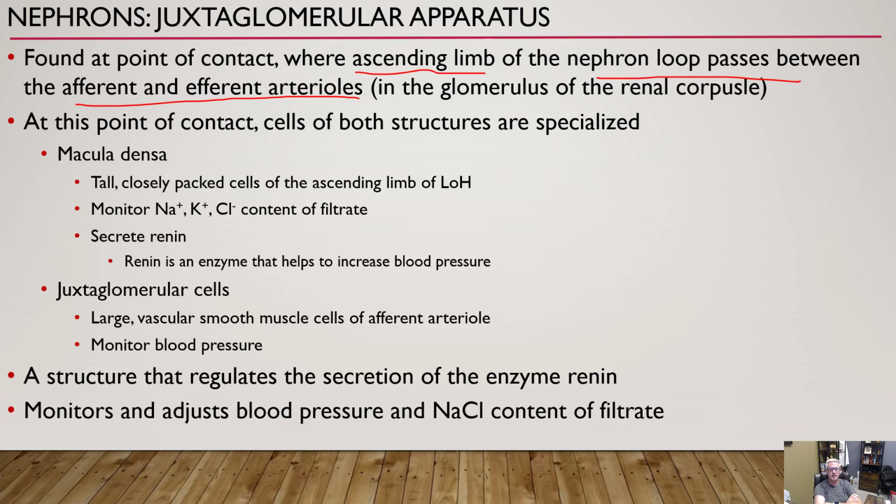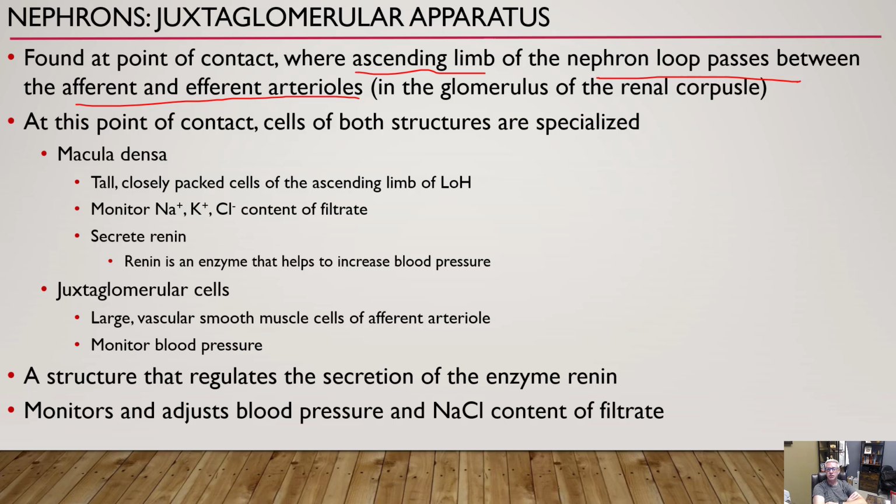The macula densa are basically going to look at your sodium, potassium, and chloride content of the filtrate. And remember, the filtrate is what was filtered out in the glomerulus, so that first capillary system. And if you remember, sodium is salt, potassium is a salt.